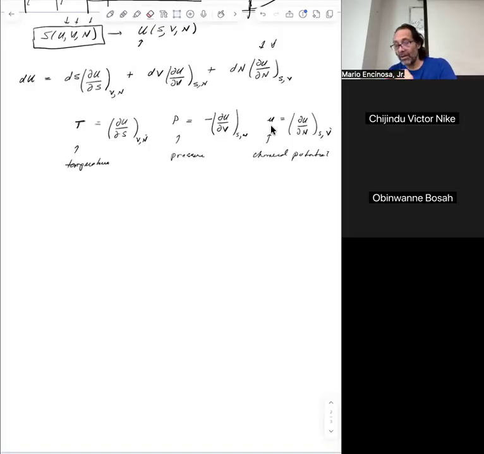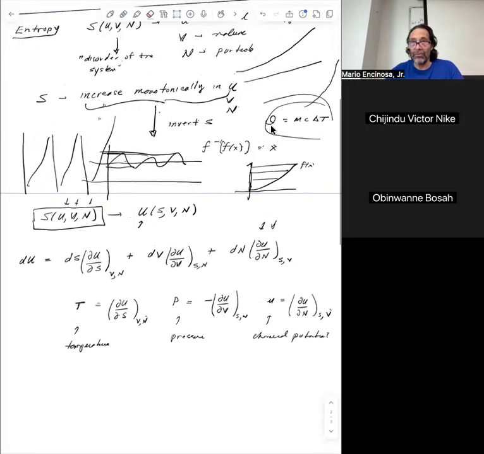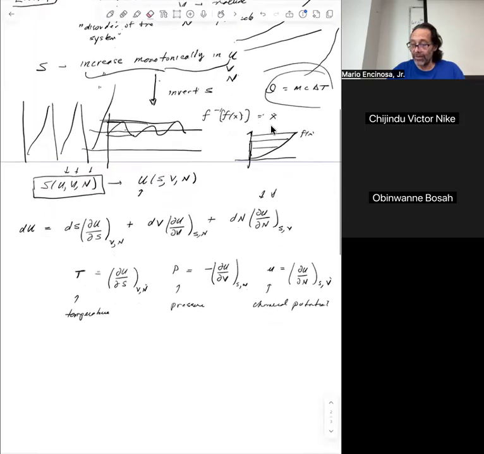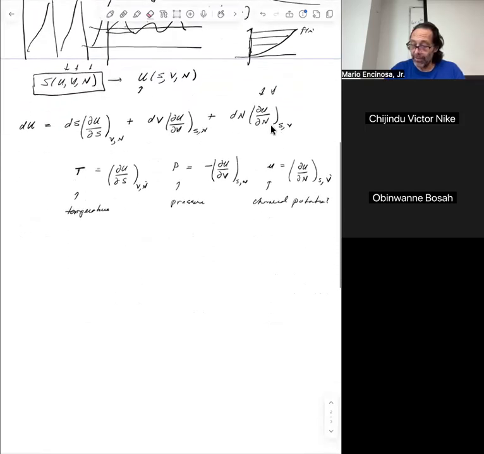Establishing that that's the temperature, partial U, partial S, that's the pressure, minus partial U, partial V, and that's the chemical potential. That is what physicists do. If I were to write this down in front of students who have never heard of any physics, they could not disagree with anything up to here.